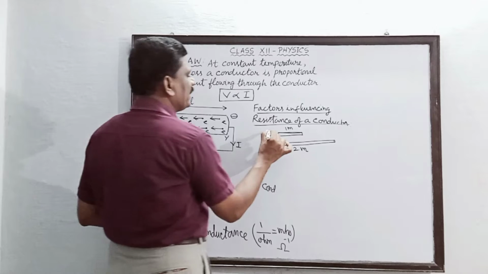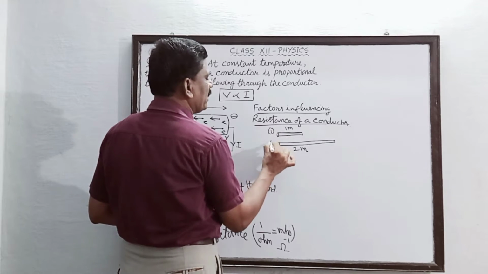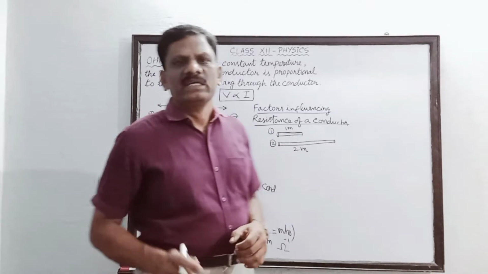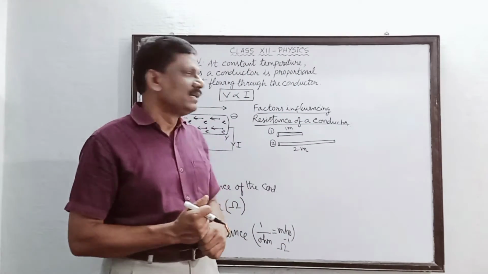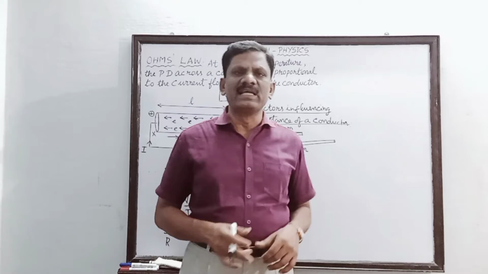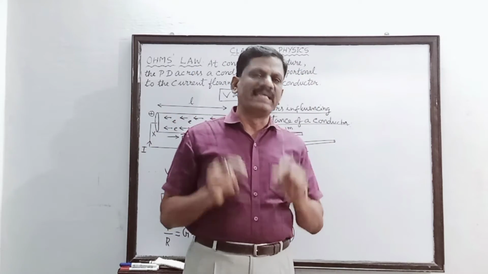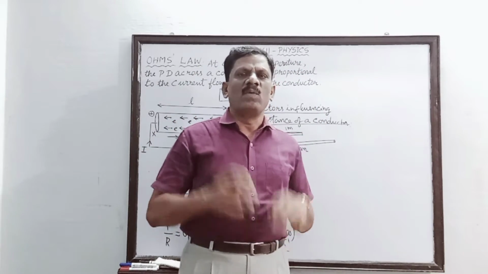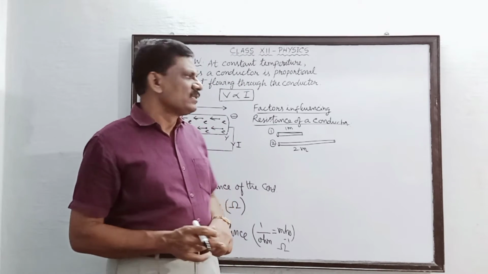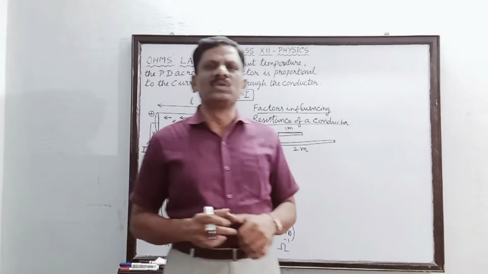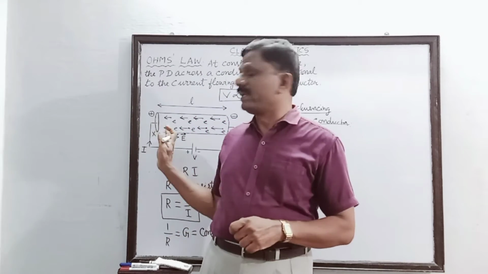So this is conductor 1 and this is conductor 2. In both these conductors, they do not have the same electrical resistance. Though they are made up of the same material, and though they are having the same thickness and area of cross section, what is differing from each other? It is the length. So, how does the current flow through these conductors? We have seen in the earlier picture.